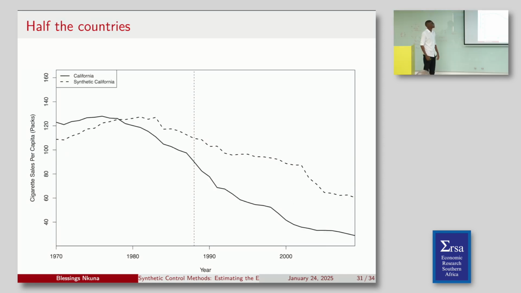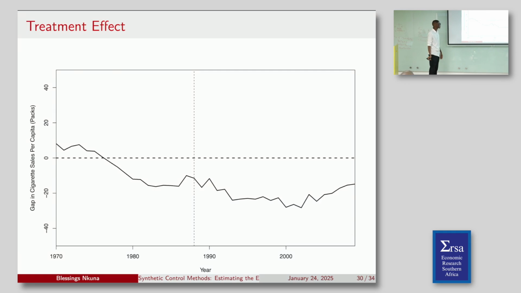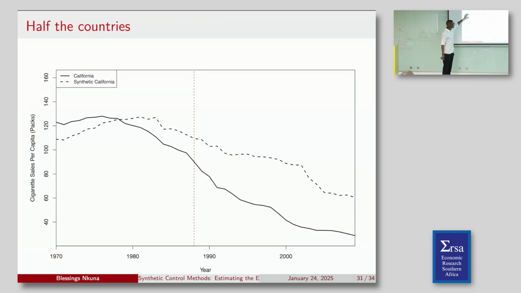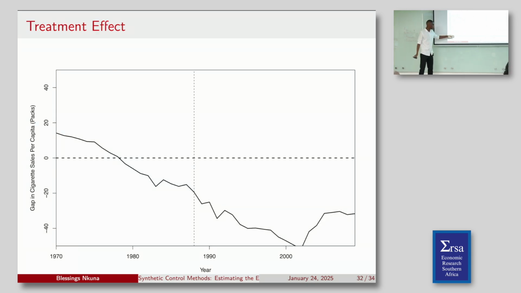And then now I cut the countries in half from 38, and it doesn't seem to have a huge effect. If compared with the previous one, it seems like this gap here just got a bit bigger. But when you look at the treatment effect, it's completely off. So the number of countries you have matters.